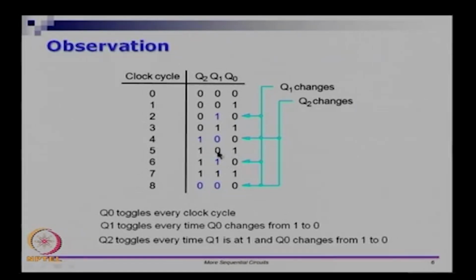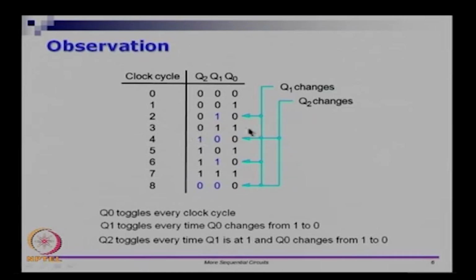You go and look at when Q2 is toggling. Q2 is toggling every time Q1 is 1 and Q0 changes from 1 to 0. So let us take this a little slowly. Q2 at this point is at 0, and it has toggled to 1 in clock cycle 4.